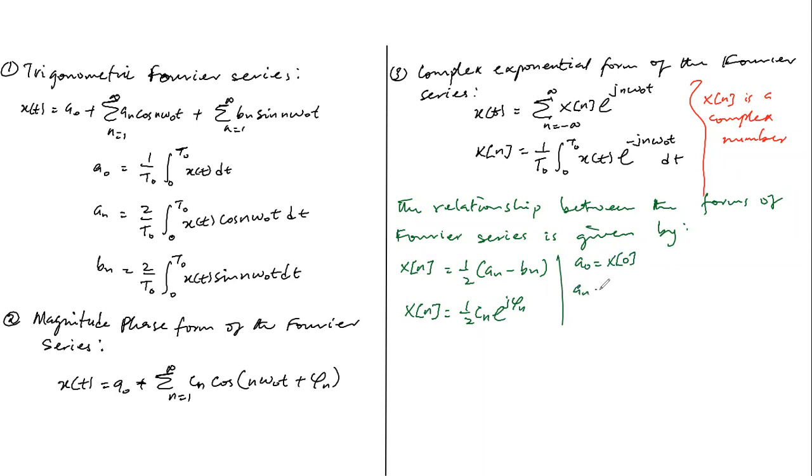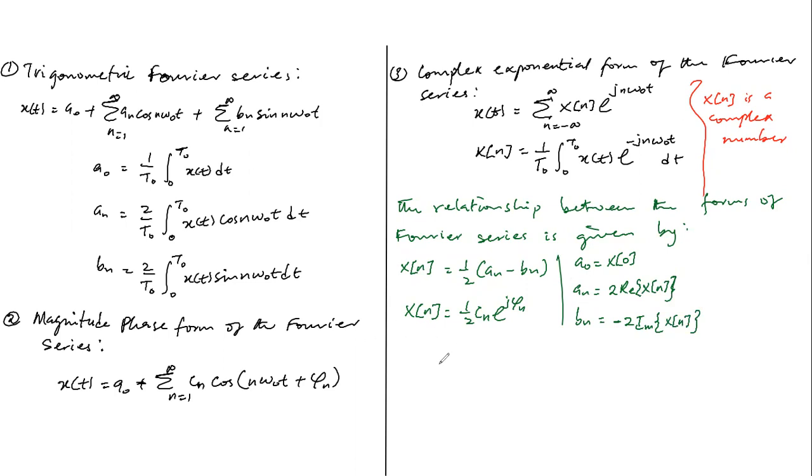Then an is the same as 2 times the real value of s of n. Recall that s of n is a complex number. Okay? While bn is the same as minus 2 times the imaginary value of s of n.